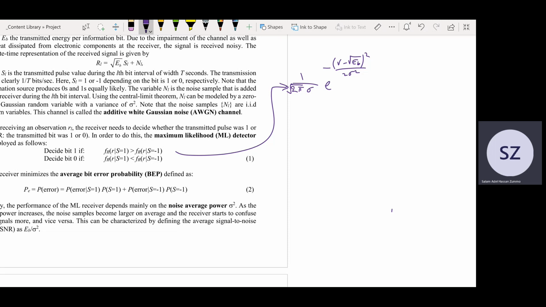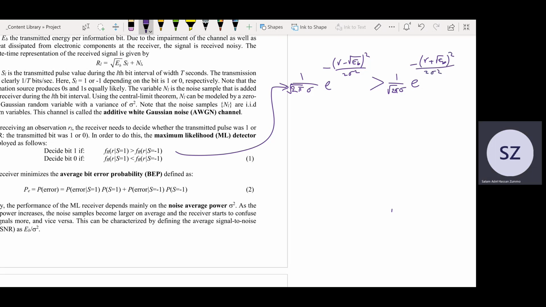Now, what is the right hand side? Given S equal minus 1, what is the PDF? It's the same thing, but what changes? The mean. So basically, it's again 1 over square root of 2 pi sigma squared, e to the minus (R plus square root of EB) squared divided by 2 sigma square.